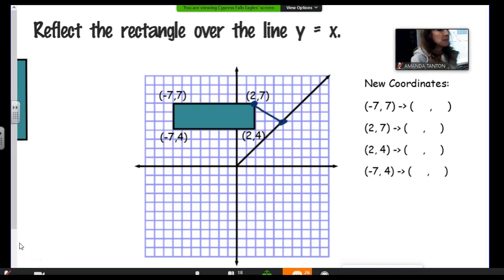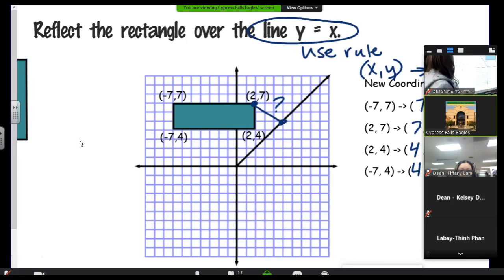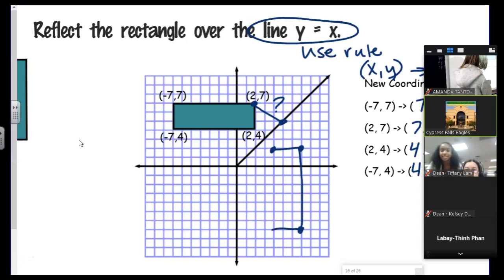Now, let's plot this. It is going to look a little weird. I'm just warning you. 1, 2, 3, 4, 5, 6, 7. 1, 2, 3, 4, 5, 6, 7. 7, 2, and 1, 2, 3, 4, 1, 2. I only plot the points because then I can connect them to make a rectangle because I know the dimensions of it.